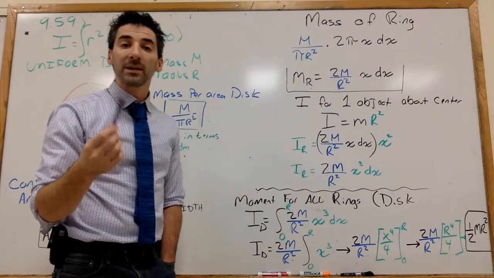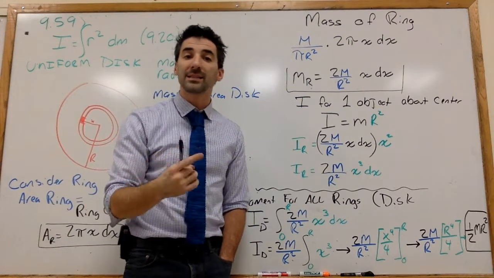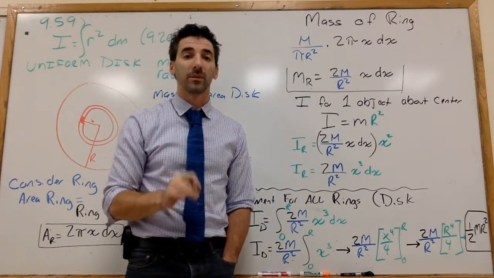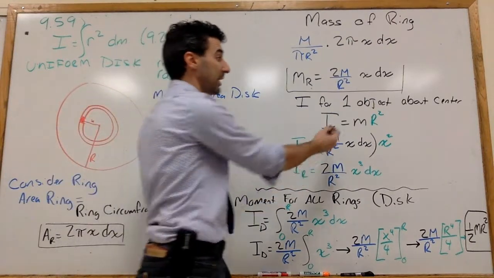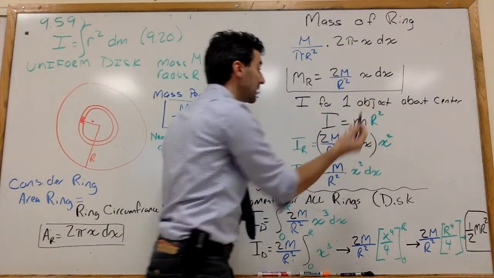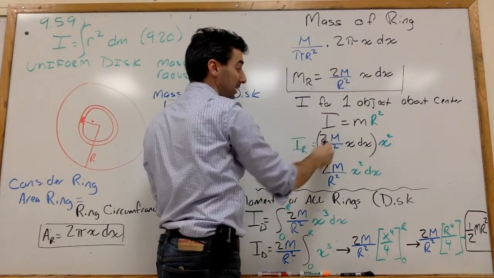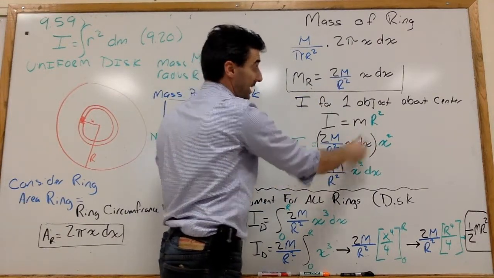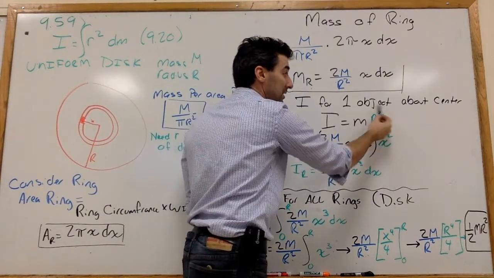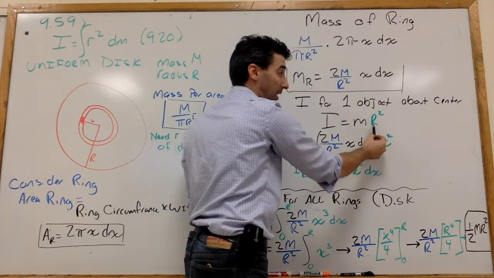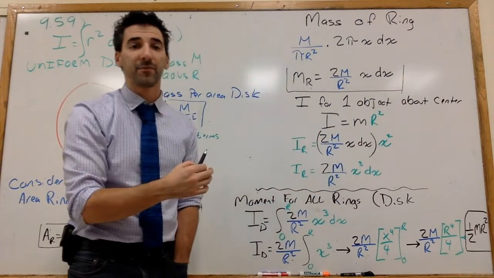So now, the moment of inertia for any one single ring. Now, this is where we're getting a little bit confused in class. The moment of inertia for any one single ring is just m r squared. So I know the mass of my ring, 2M over R squared times x times dx, that small x value, times now my r squared value in the formula.